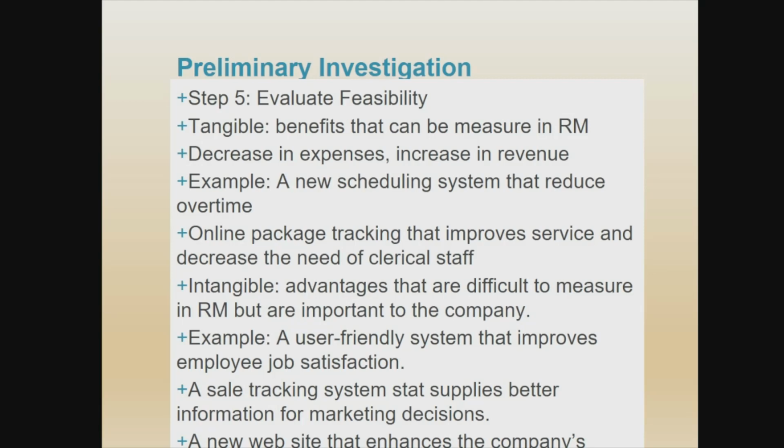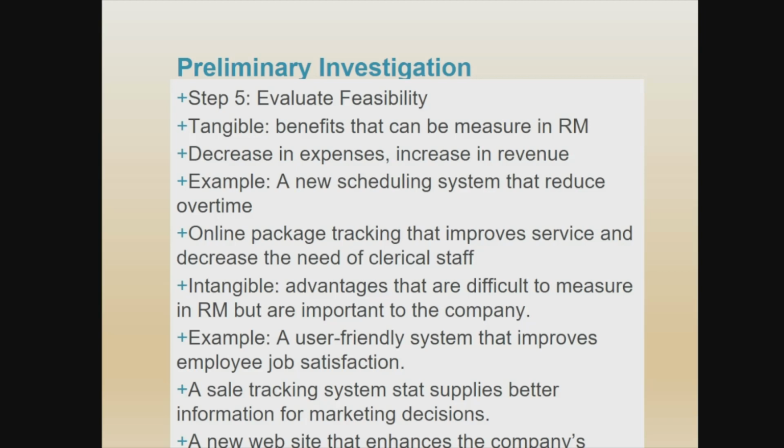And then, tangibles mean benefits that can be measured in RM, in dollars. Okay. Decrease in expense, increase in the revenue. How much? Okay, the numbers can be measured. Example, a new scheduling system that reduces the overtime payment.